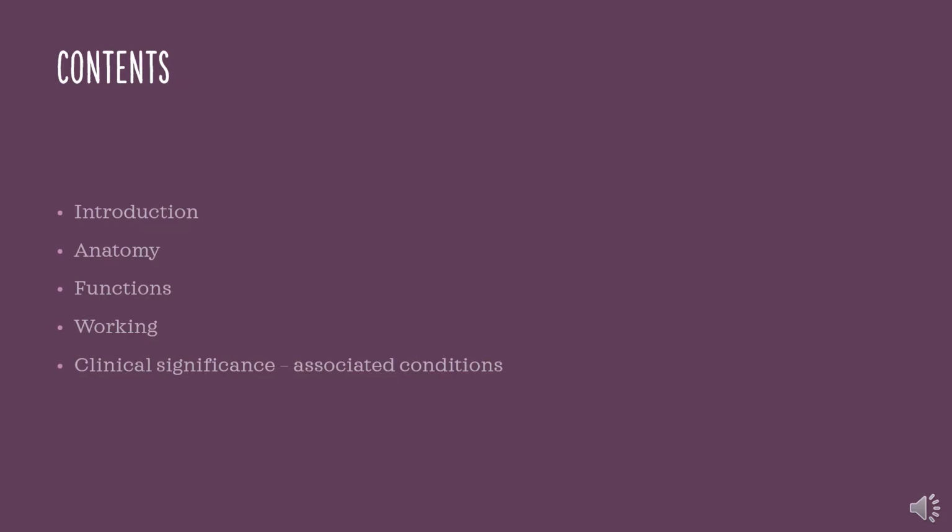Then we're going to move on to the working of the basal ganglia, where we're going to look at the direct pathway, the indirect pathway, and also the contribution of substantia nigra. And I would conclude this lecture by stating some clinical significance of the basal ganglia, where we are going to study some associated conditions in which the basal ganglia is damaged.